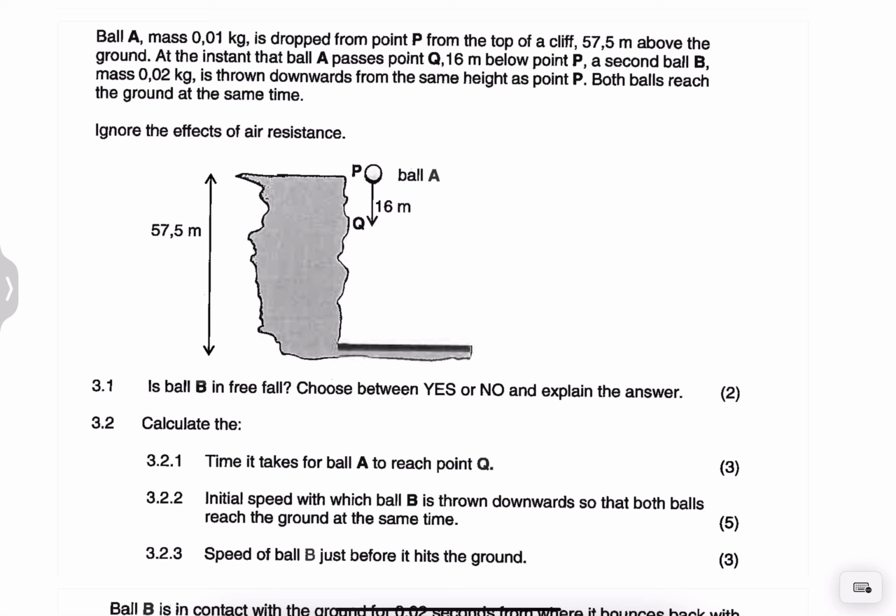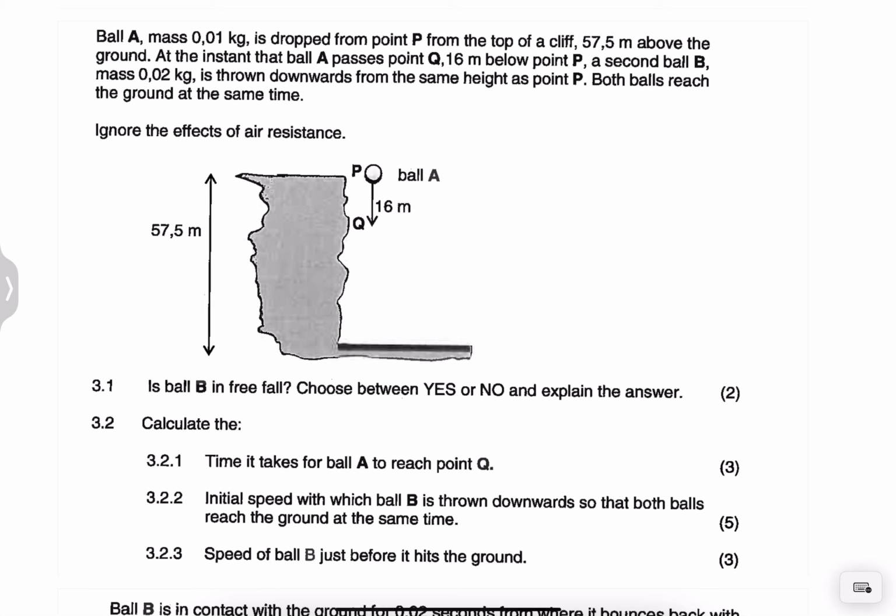At the instant that ball A passes a point Q, which is 16 meters below point P, a second ball B of mass 0.02 kilograms is thrown downwards at the same height as point P. In this case, they say both balls reach the ground at the same time.